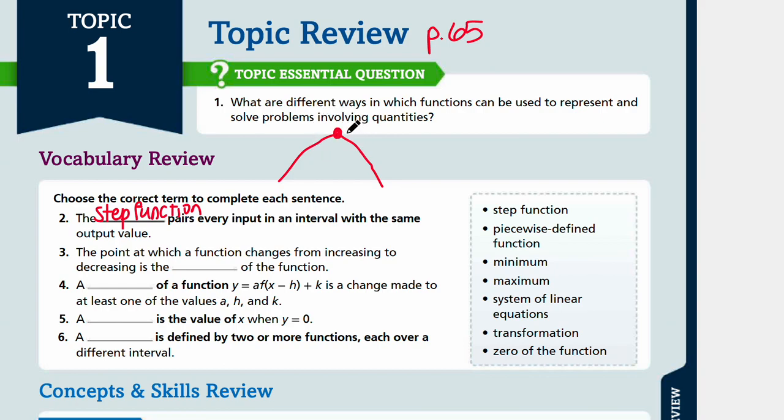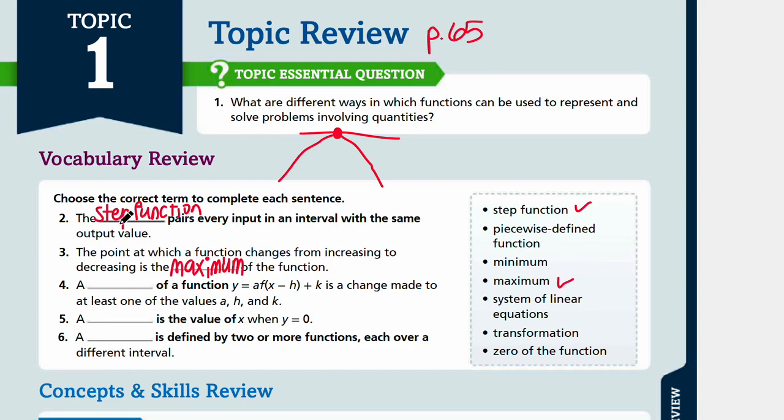So this point is it the minimum or the maximum? Yeah, it's the maximum of the function.